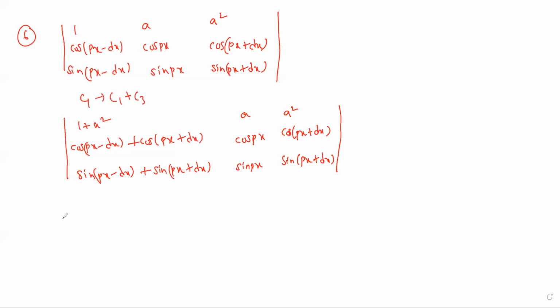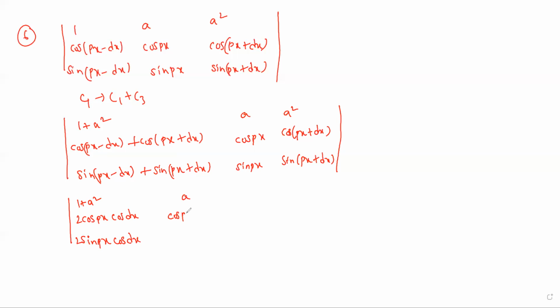Using cos of (a plus b) plus cos of (a minus b), clearly what will we get here? 2 cos a cos b, that is 2 cos px into cos dx. Here we will get 2 sin px into cos dx.